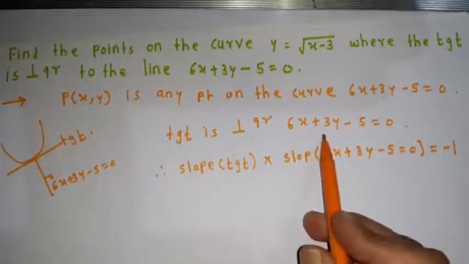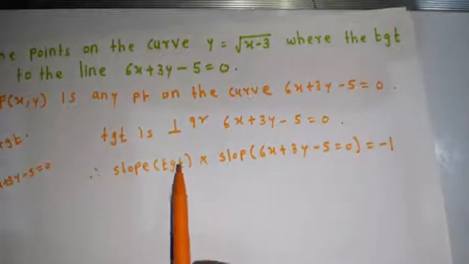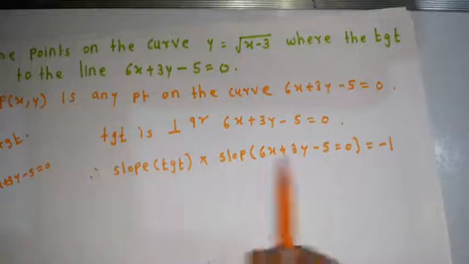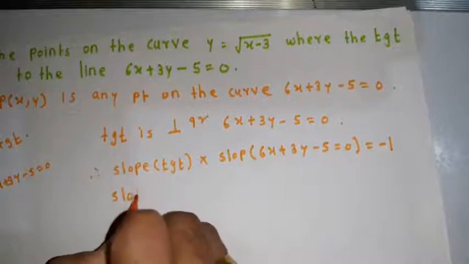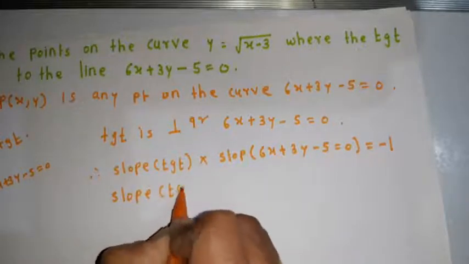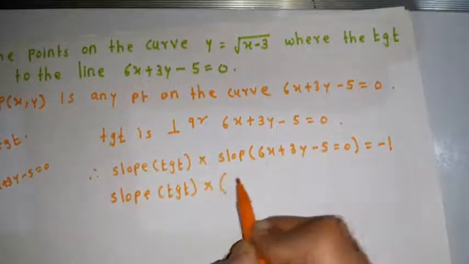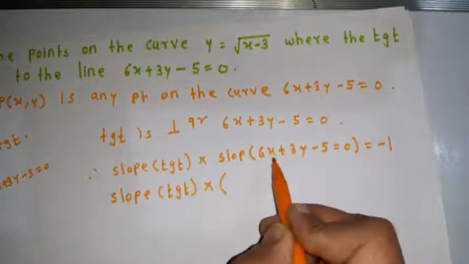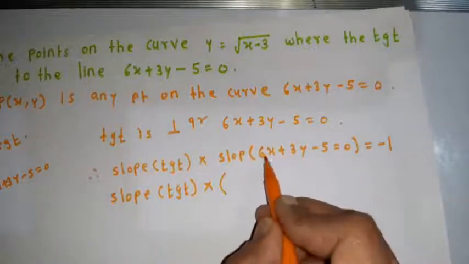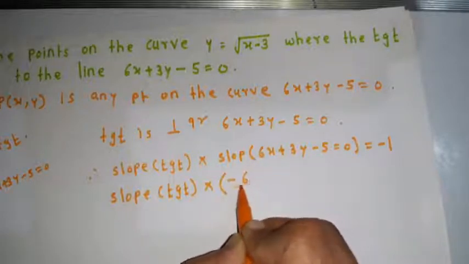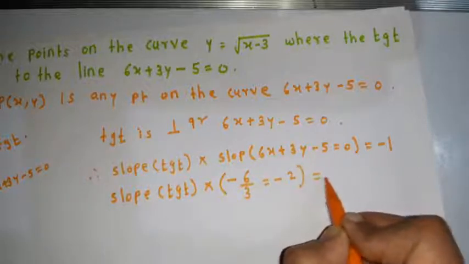We know that if two lines are perpendicular to each other, the product of their slopes is minus 1. The slope of this line is minus a upon b, where a is the coefficient of x and b is the coefficient of y, that is minus 6 upon 3, which is equal to minus 2.